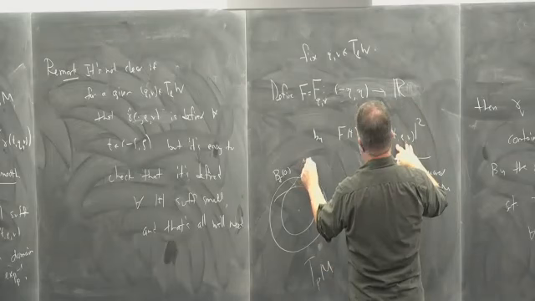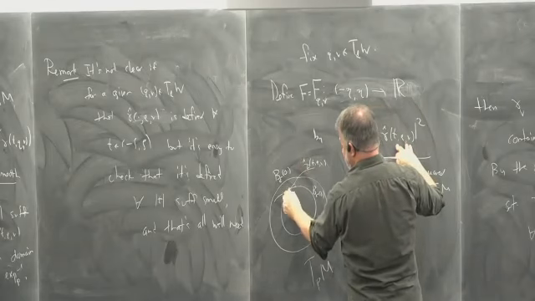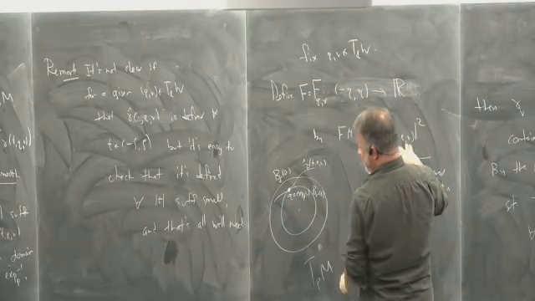So this thing here will be gamma hat of TQV. This is the image of Q. Q is exp_P of V, because V is length 1.